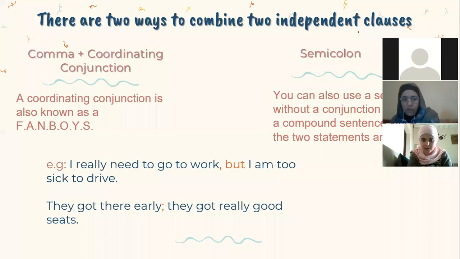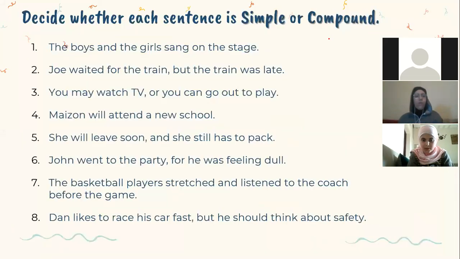Okay. To master how to differentiate between simple and compound sentences, let's practice this exercise. I'm going to solve the first one for you, then I'm going to let you try your best. The question says, decide whether each sentence is simple or compound.